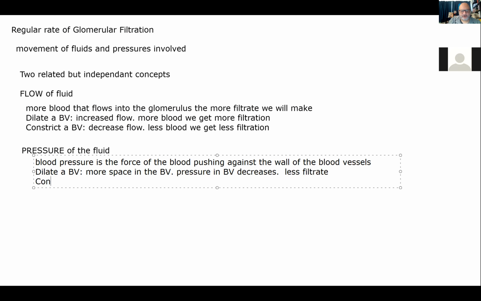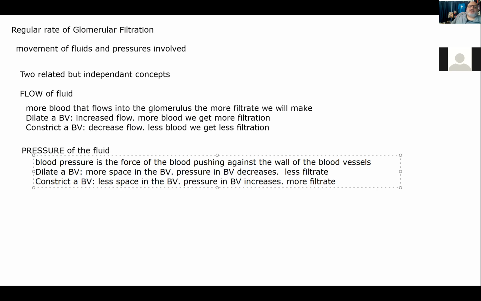Conversely, if we constrict a blood vessel, there is less space in the blood vessel. And as a result of that, pressure in the blood vessel increases. And if we had an increase in pressure in the glomerulus, we could produce more filtrate.